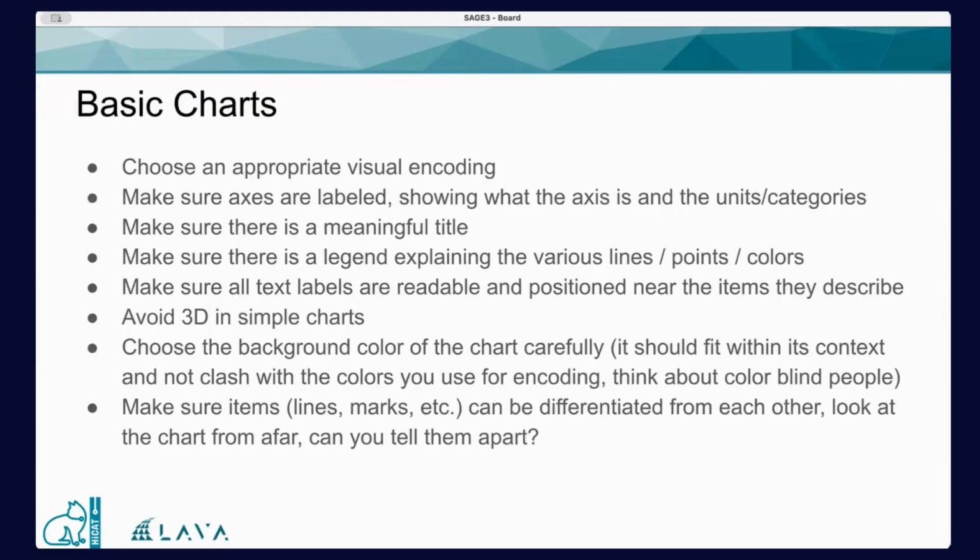Most people will look at the title before looking at anything else, so if there's no title, you're having people start at a disadvantage. They don't know what they're looking at. Make sure there's a legend explaining all of the different encodings: what are the lines, what are the points, what are the colors. Make sure that the labels are readable.